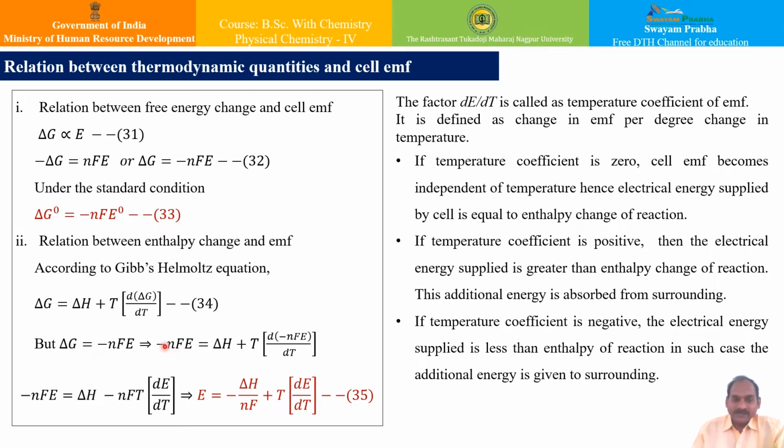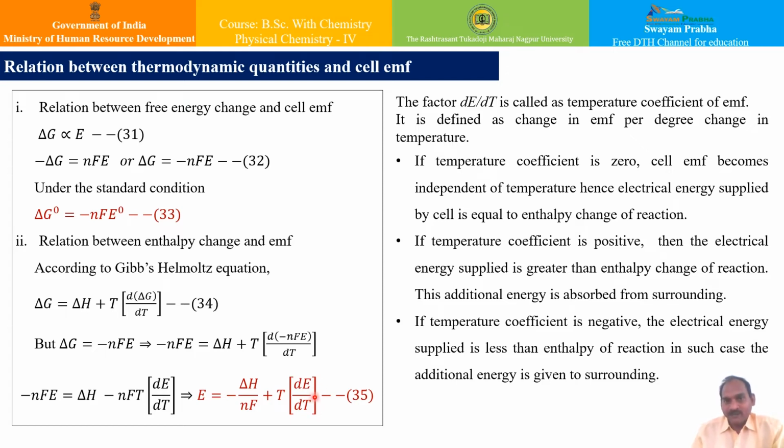Therefore, equation 34 would take the shape of minus NFE is equal to delta H plus T into d/dT of minus NFE. If I substitute this value, I get equation number 35 as E is equal to minus delta H upon NF plus T into dE by dT, the temperature derivative of the cell EMF.